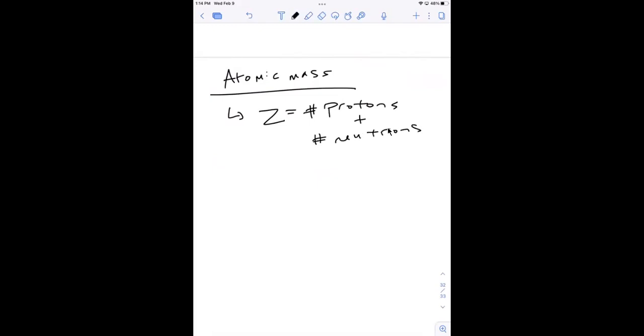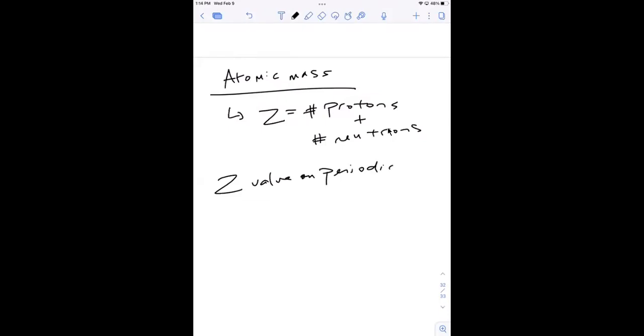You can always figure out one of those values if you have the other two. You can figure out the number of protons if you have the number of neutrons and the mass. You can figure out the number of neutrons if you have the protons and the mass, and so on and so forth. But the mass value that we see on the periodic table is an average.